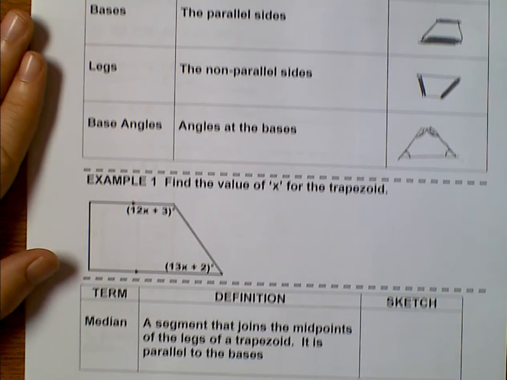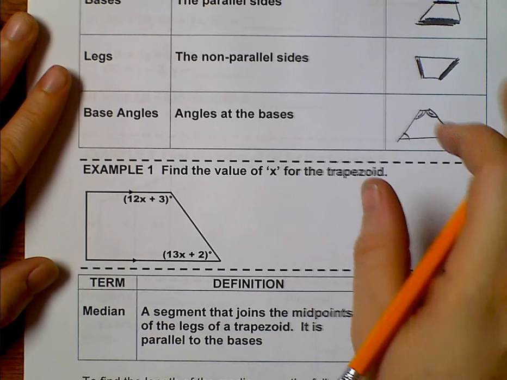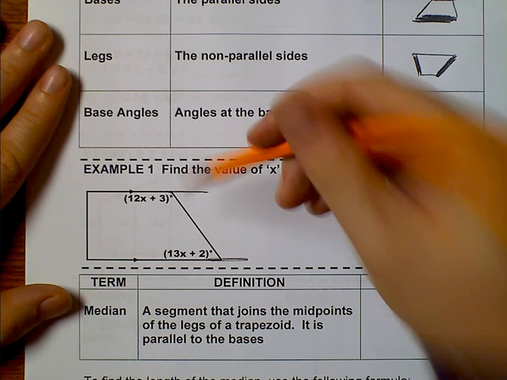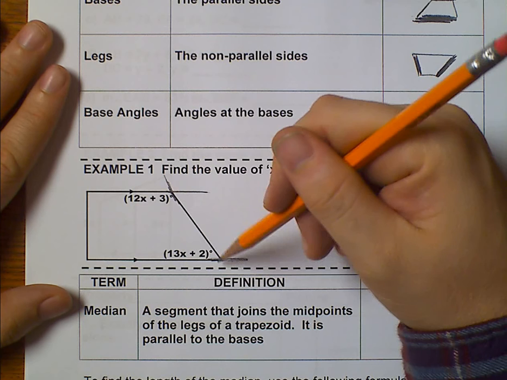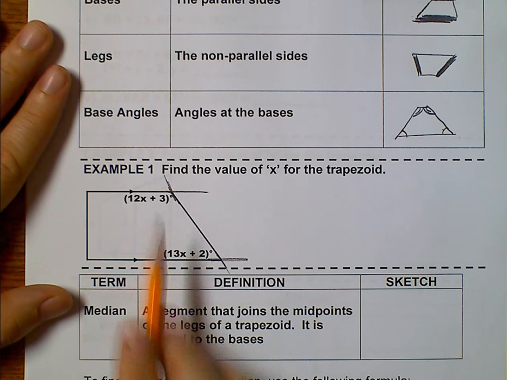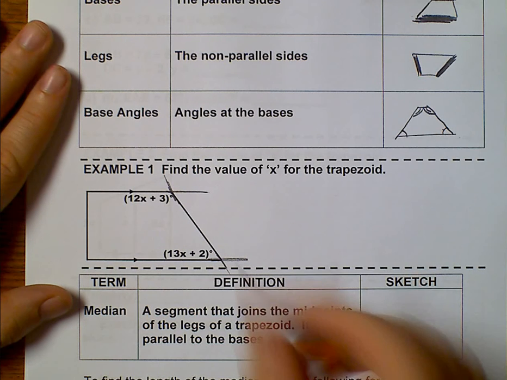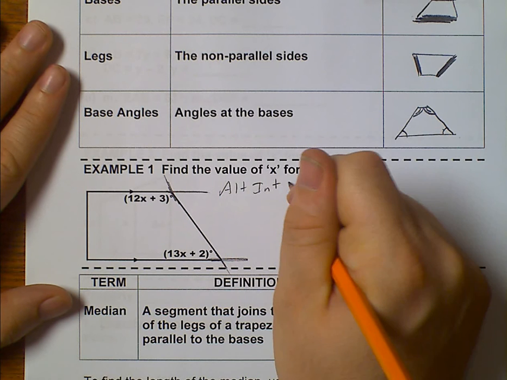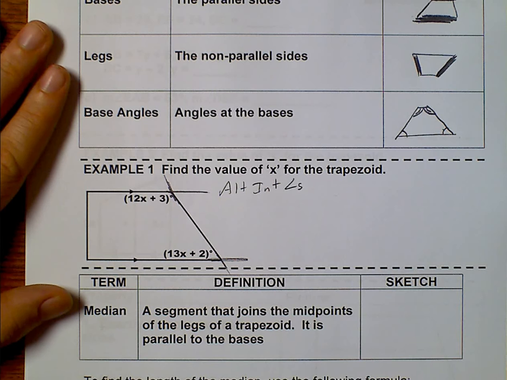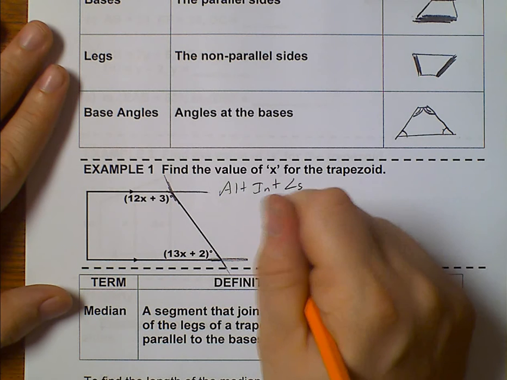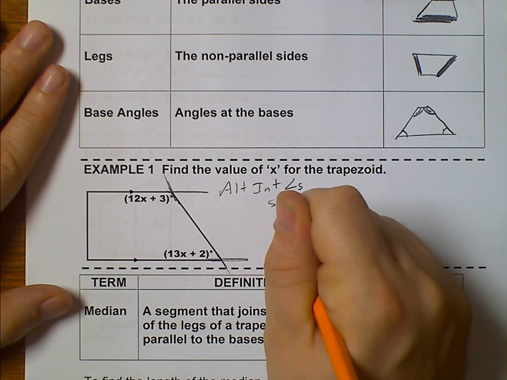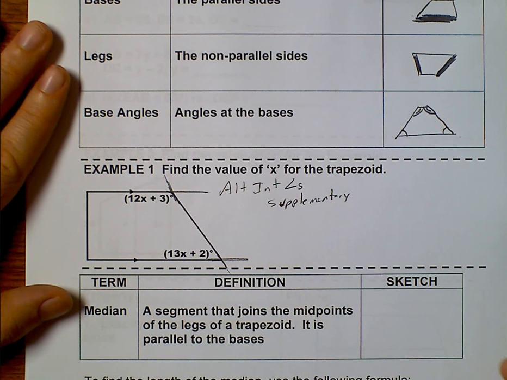So let's go ahead and start working on this a little bit. Well, because these are parallel lines, that means that these two angles are alternate interior angles, which means that they are supplementary. So because they're supplementary, they must add up to 180.